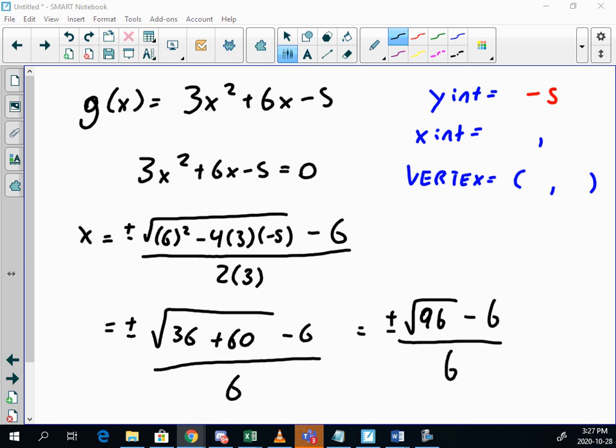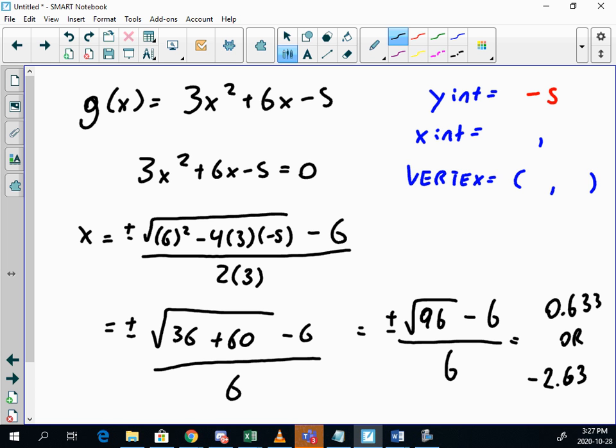And when I do that, I get 0.633. Or, if I do the negative square root of 96, and then subtract 6, and then divide by 6, then I get -2.63.